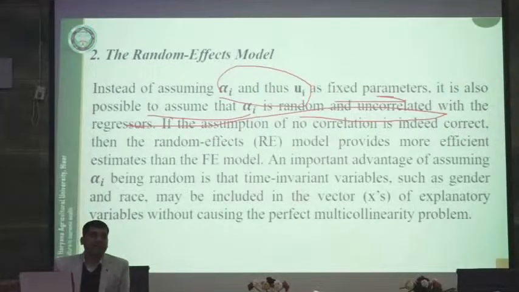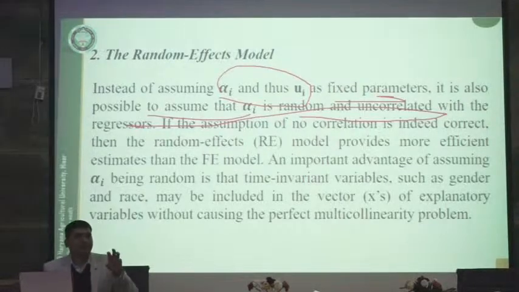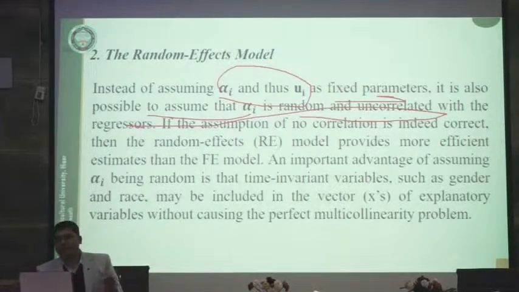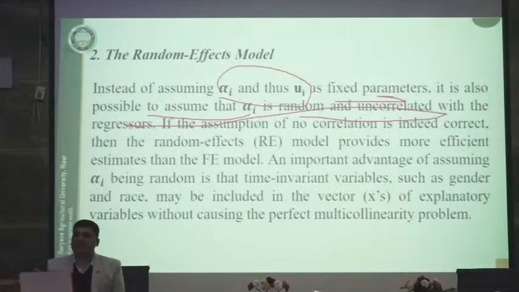It is assumed in the random effect model that the correlation between ui and xi is zero. That means there is no correlation between them. So this is the assumption for a random effect model.